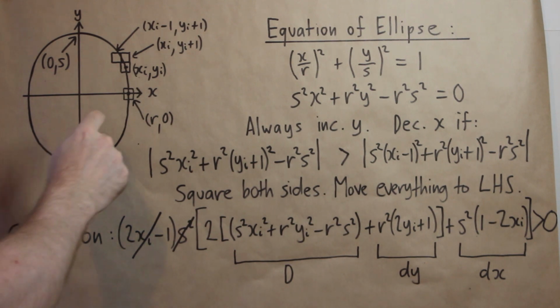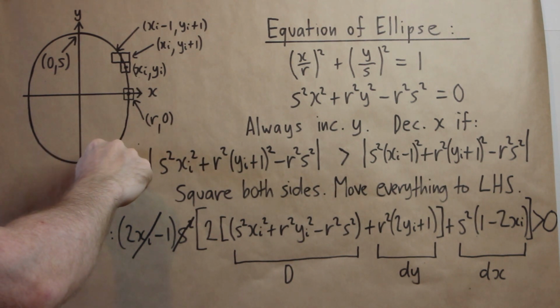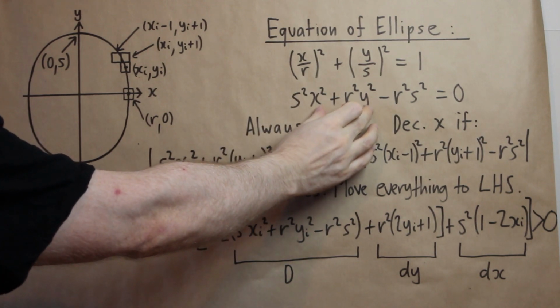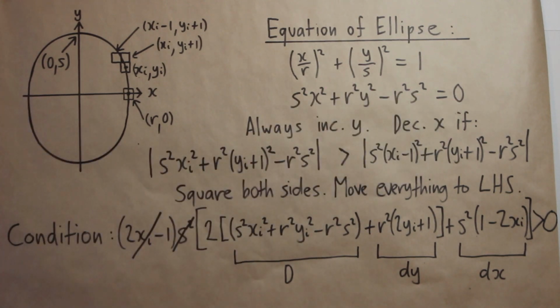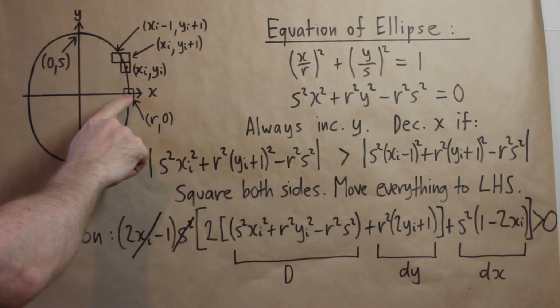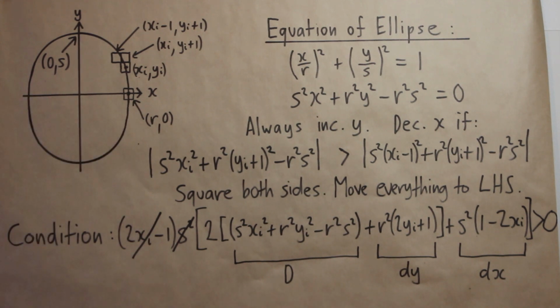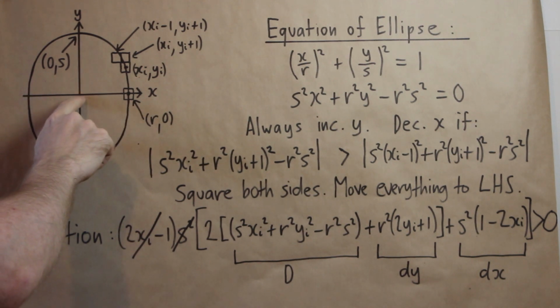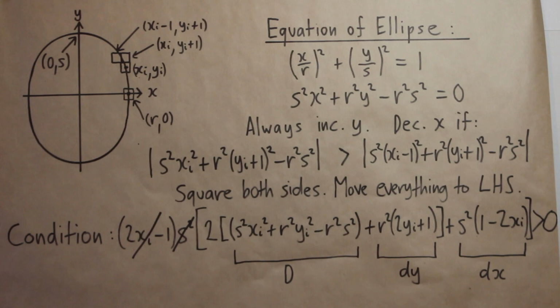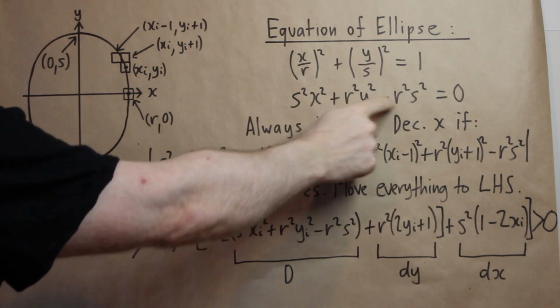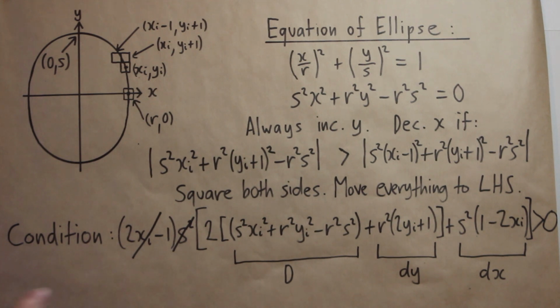For any point exactly on the ellipse, x, y, when I plug those coordinates in, I'll get exactly 0. The very first point that we plot, r, 0, must be exactly on the ellipse because the semi-radius here is exactly r, so if I plug in r, 0, this should be exactly 0, and you can check that that's the case.